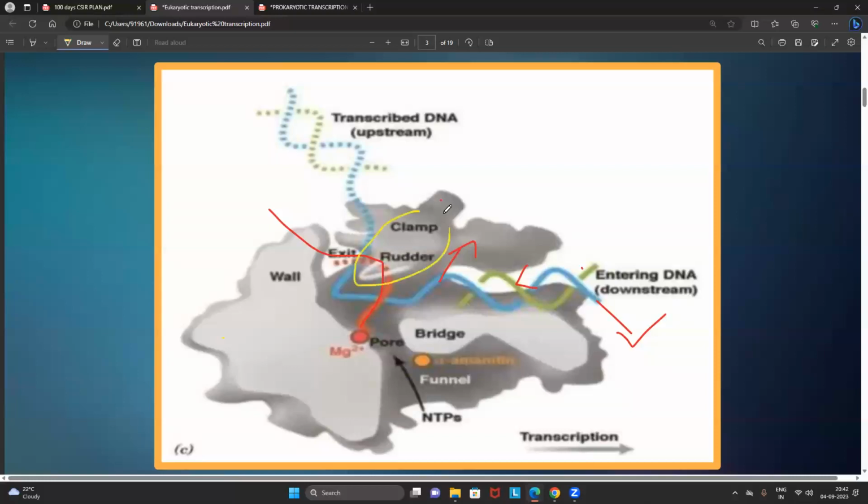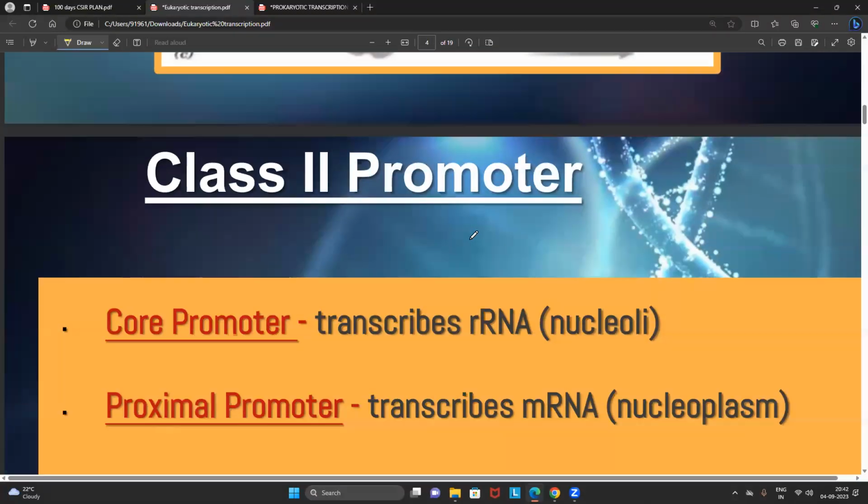You can see, right? Clamp and rudder. It's like a rubber band which holds two things together. It will hold the template strand of the DNA, and it will also hold the mRNA very tightly with each other. Don't get confused with that particular point.